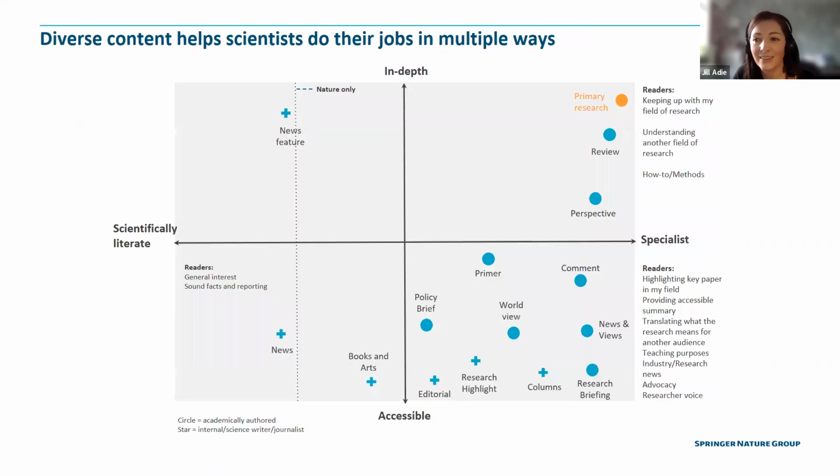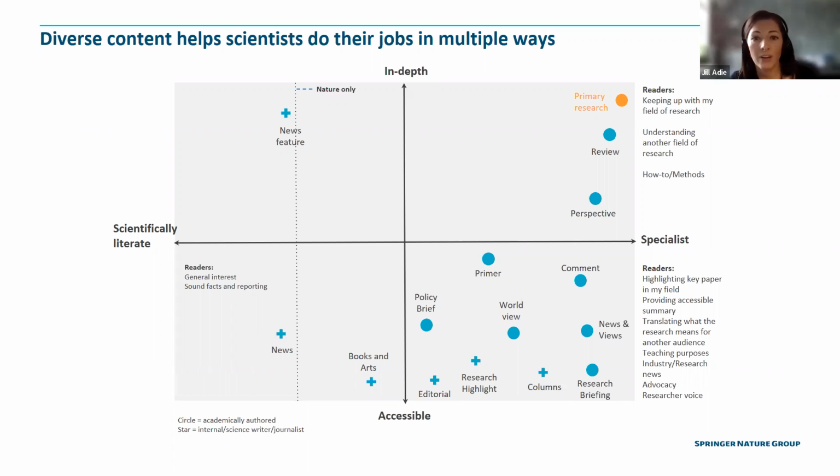So this next slide is just a layout of primary and non-primary and how they're used for different readers. On the right-hand side, at the far end, we have specialist content, which is content created for specialists. On the other end, you have those that are scientifically literate, so it's more general, popular science, sound facts and reporting.